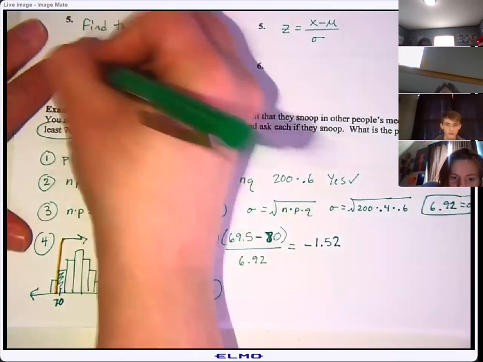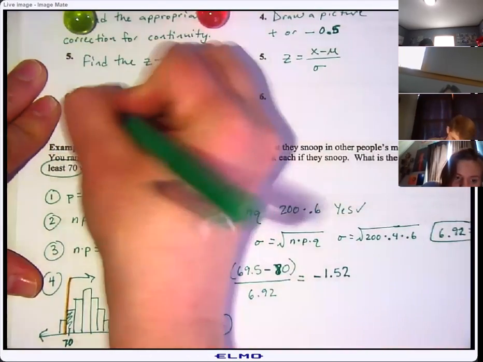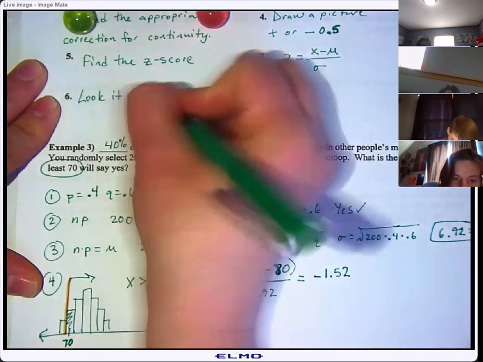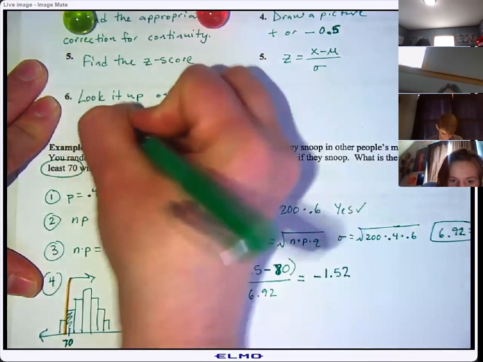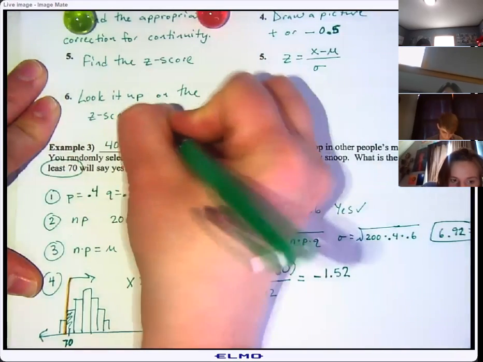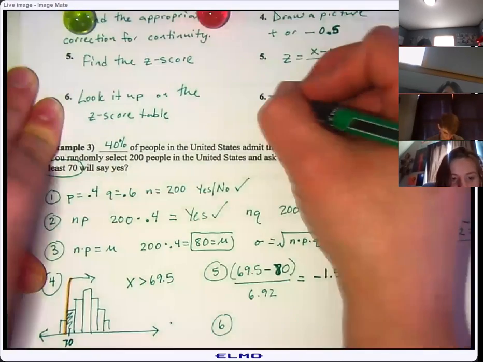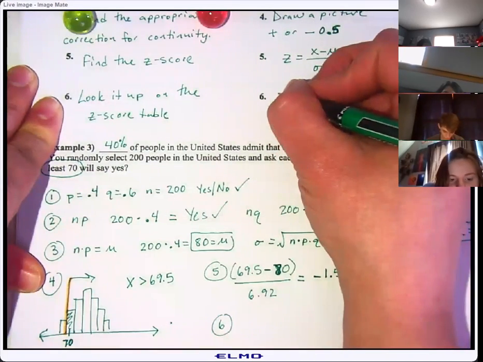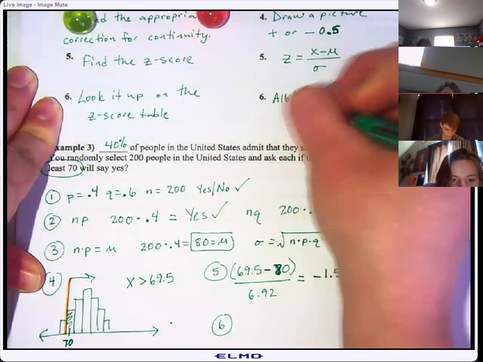Now for step 6, you need to look it up on the z-score table. I'm going to write over here, this is on page A16, A17.